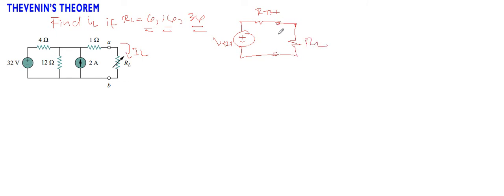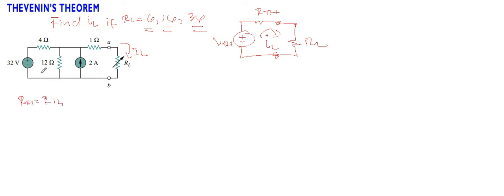We have RL here, and this is our IL. First, we look for RTH, or depending on you, whichever you want to get first. It's up to you if you want to get VTH or RTH. For me, I'll get the value of RTH first, or the R input.